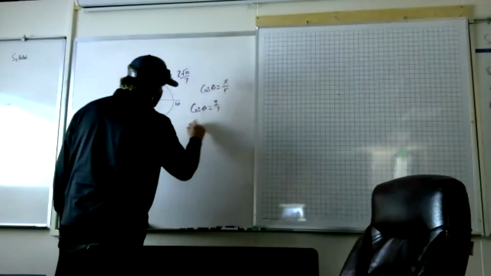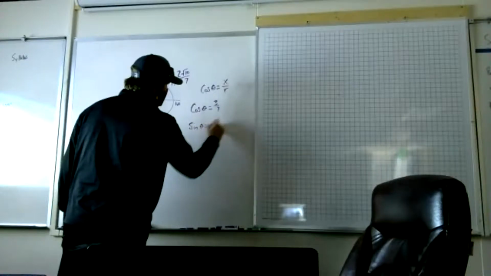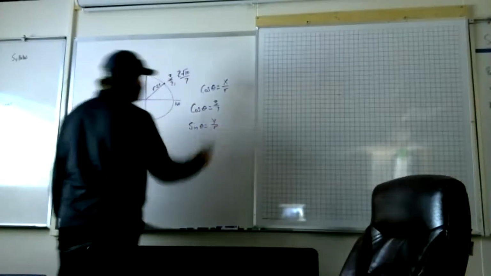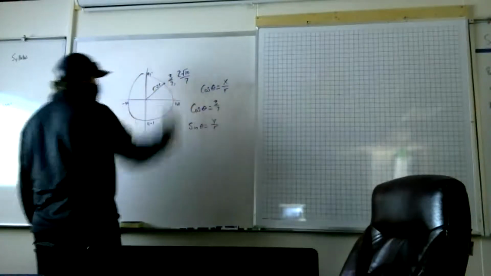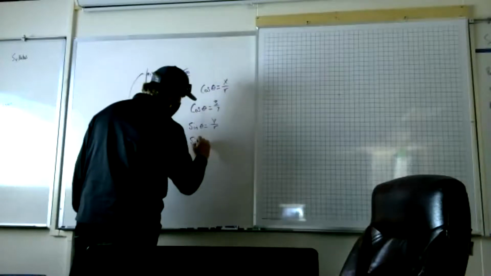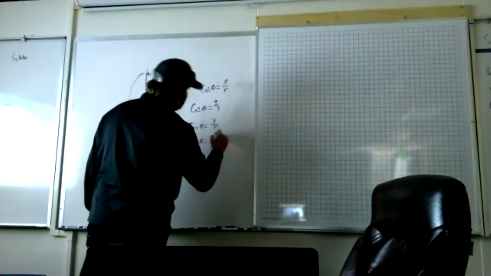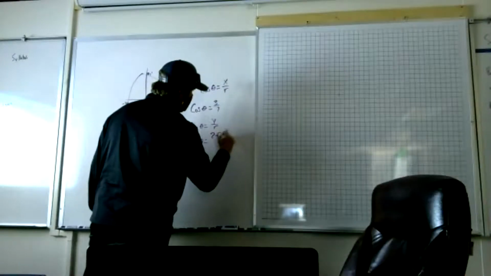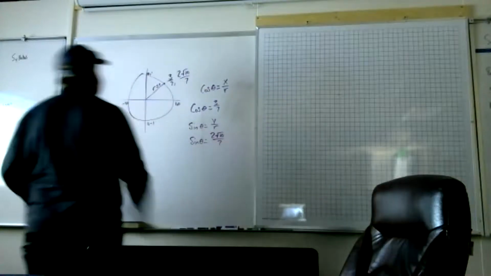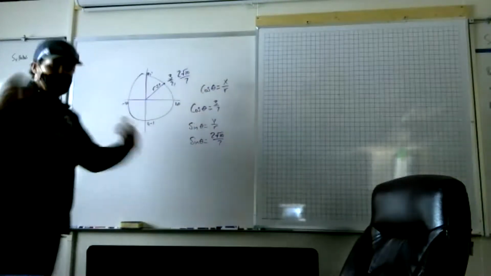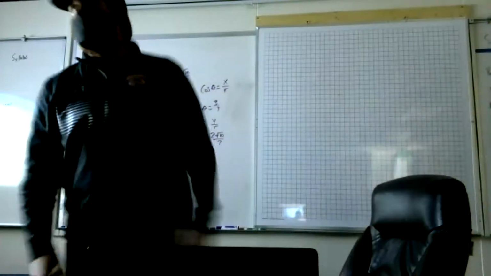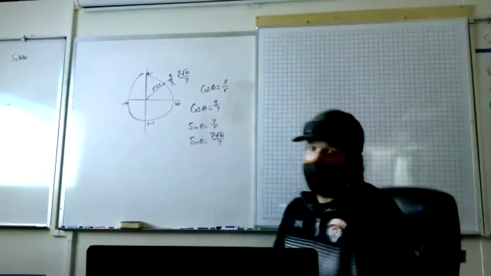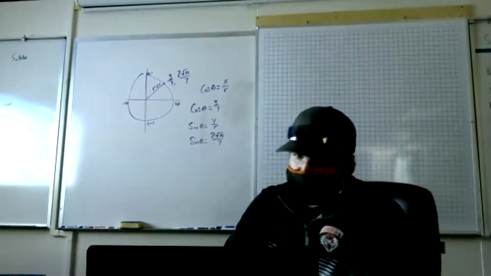Sine of theta is equal to y over r, and since our R value is 1, once again, sine of theta is equal to 2 square root of 10 over 7. Very specific because the R value is 1. Therefore, our x value becomes our cosine value, and our y value becomes our sine value.